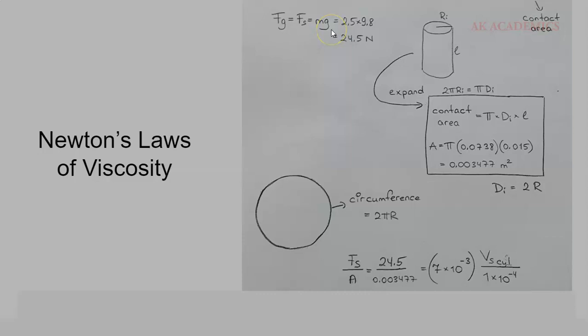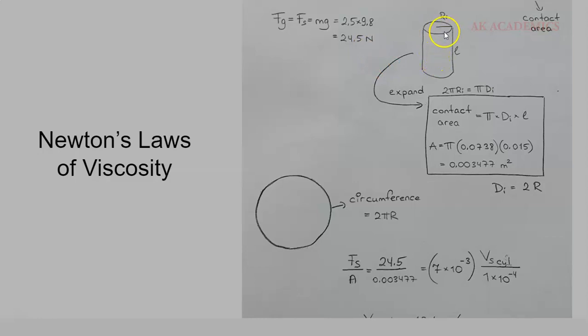We do know that the mass of the solid cylinder, as given in the question, is 2.5, and we have our acceleration of gravity as 9.8. So if you multiply both of those out, you have your shear force as 24.5 newtons, or the weight acting on the solid cylinder as 24.5 newtons. So you keep that value somewhere. We're still going to use it. All right.